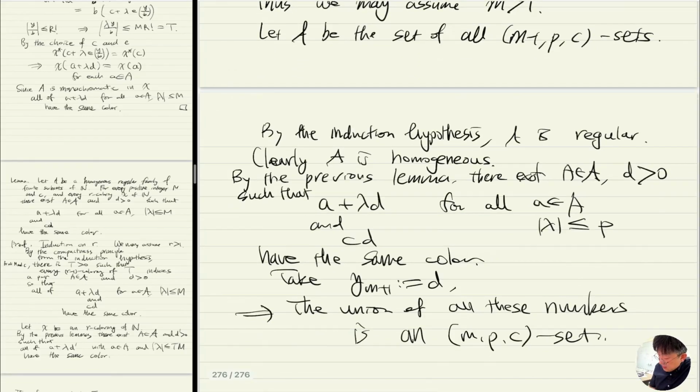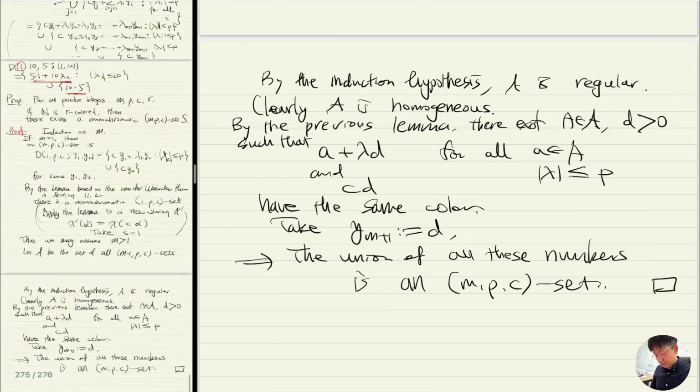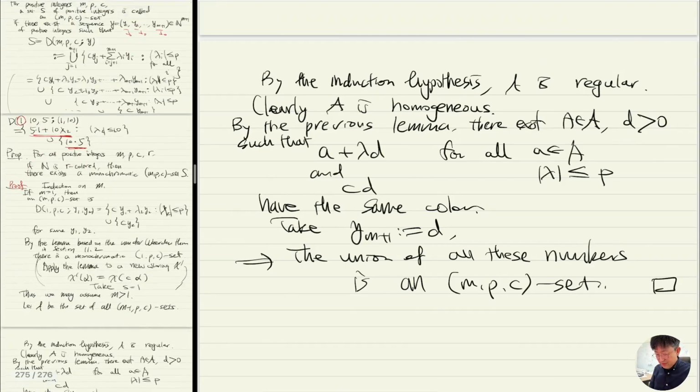Because think of d as y_{m+1}, so you are multiplying this lambda. Yeah, so lambda is going to be lambda_{m+1}. Then all of them and this have the same color. So we're going to have an mpc set. All right. So that's the proof. So this builds up from all these lemmas, and then this set, mpc set. So we are adding this last column.